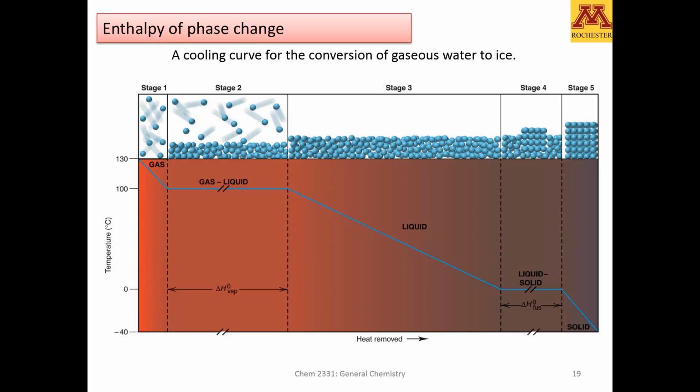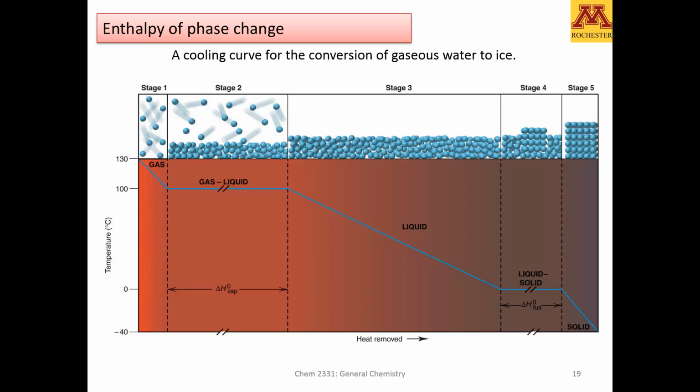Okay, so what you see here is a cooling curve. That tells you the energy involved in going from gas to liquid and from liquid to solid. A few things that you may want to see is that, of course, the temperature needs to decrease as you go from gas to solid.